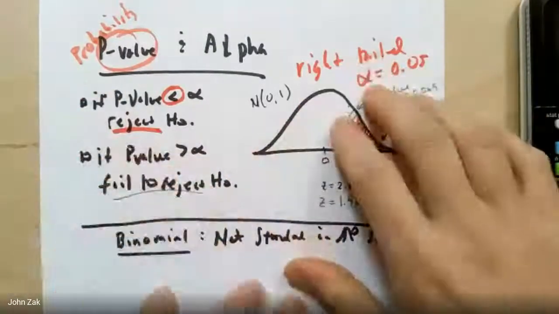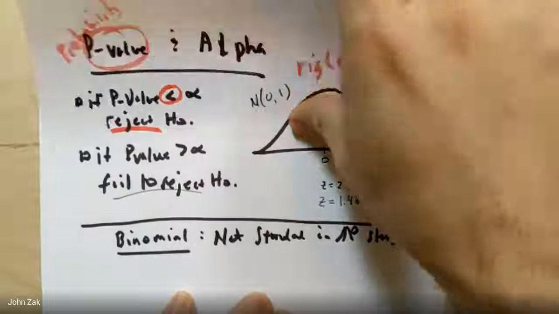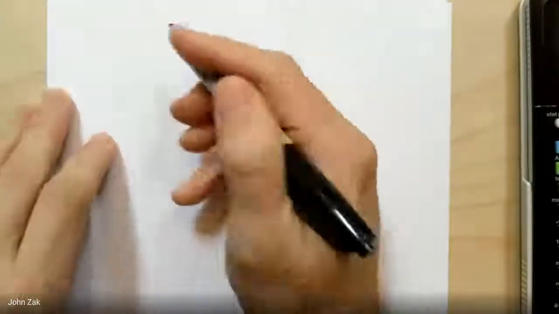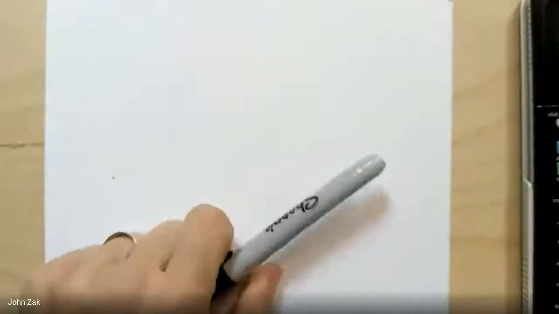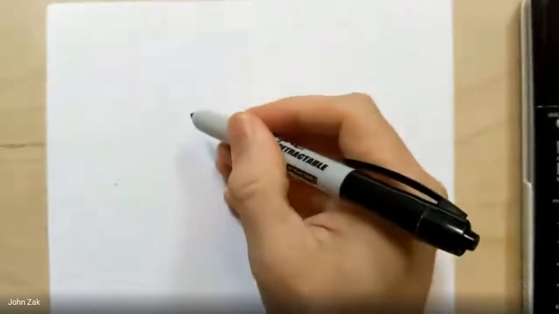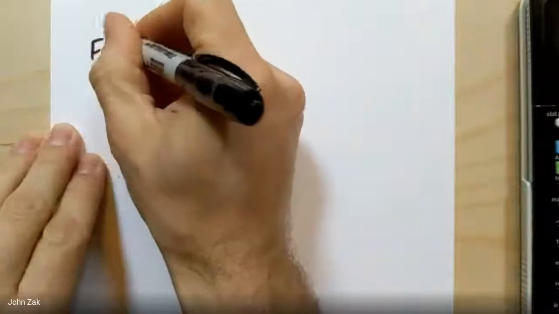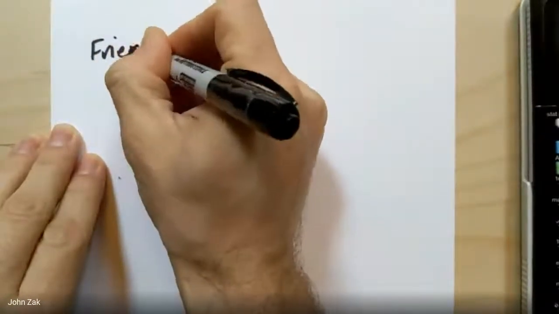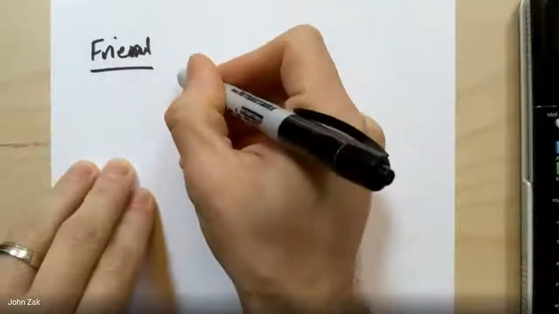All right, let's just talk about type 1, type 2 errors. Let's go back. Remember when we used the example several times of the friend who thought he had an unfair die?